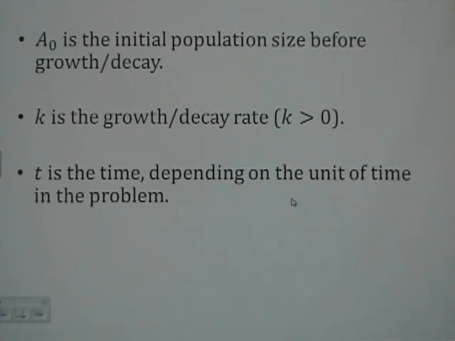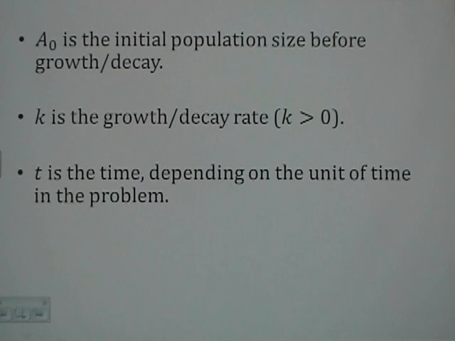And t is the variable for time, depending on the unit of time in the problem. Sometimes in our problems we measure growth in seconds. Sometimes things can happen as quickly as nanoseconds, but sometimes things can take as long as years, millions of years, or thousands of years.